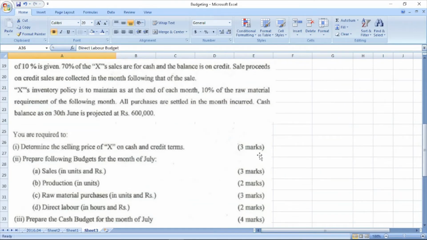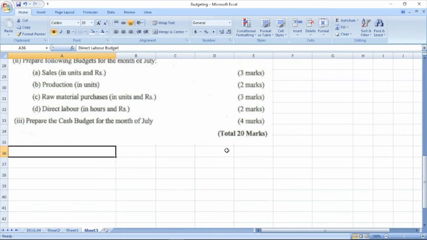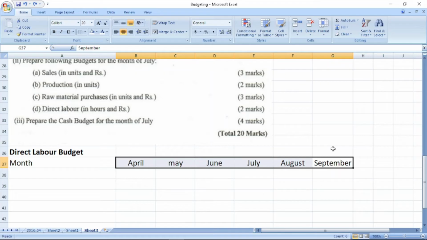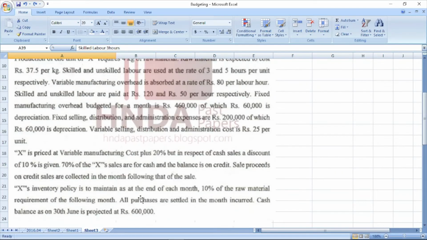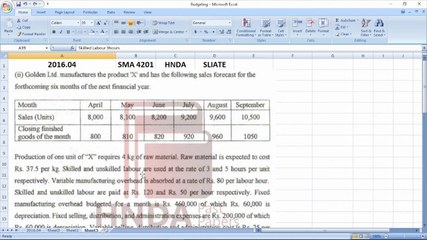Direct labor budget. Let's see, start a month April to September, and sales unit. Now we know we enter that for a relevant month. And next, skilled labor hours. In this sentence it is mentioned skilled and unskilled labor are used at the rate of 3 and 5 hours per unit.